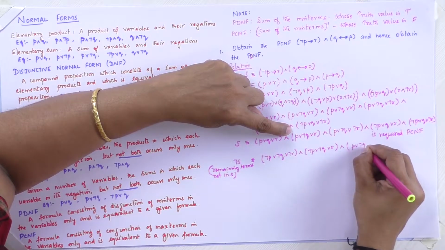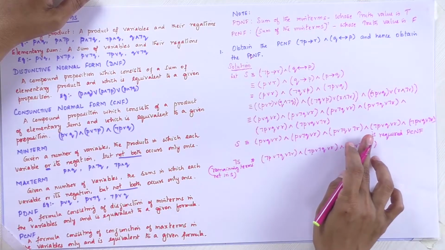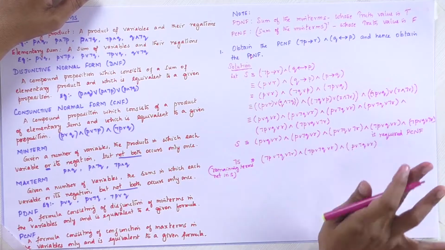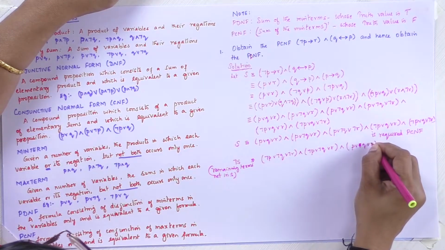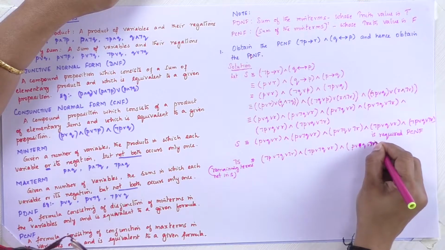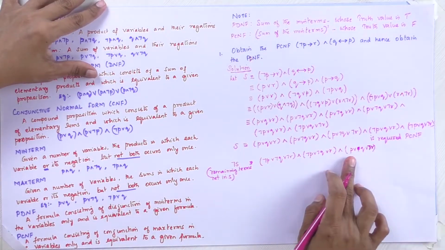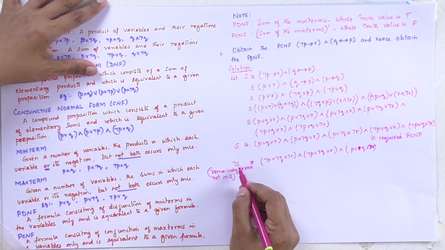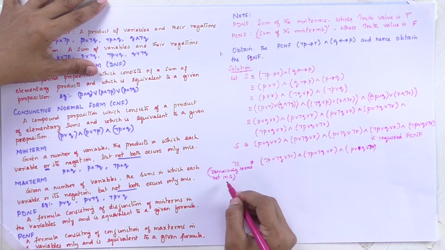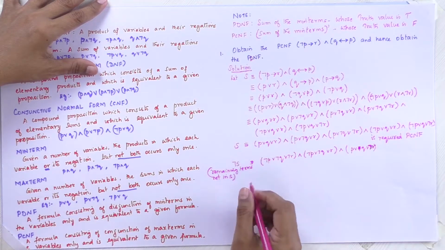P, Q, not R, is it there? P, Q, not R is not there. So these are the 3 terms missing. So this negation represents the remaining terms that are not present in S.